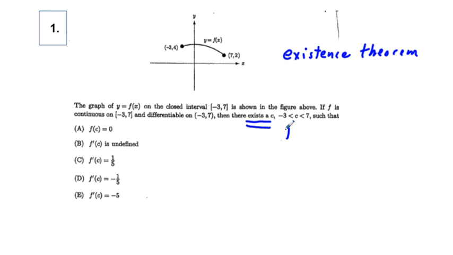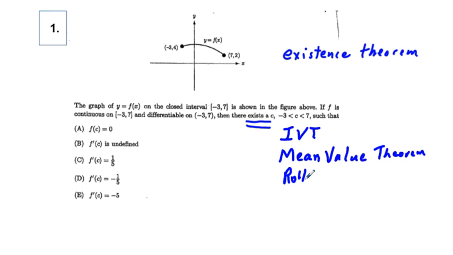You have the intermediate value theorem, you have the mean value theorem, and you have Rolle's theorem. Rolle's theorem is really just an application of a certain condition of the mean value theorem. And so you have to describe what they are.